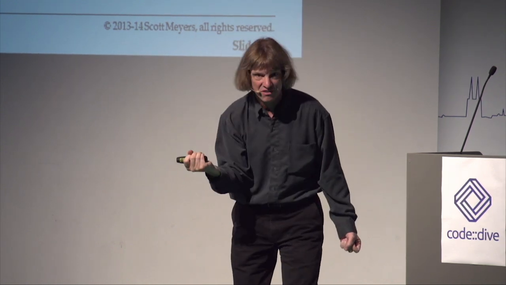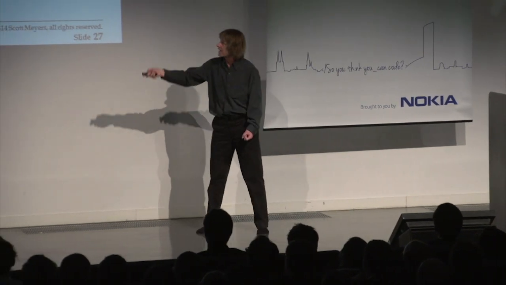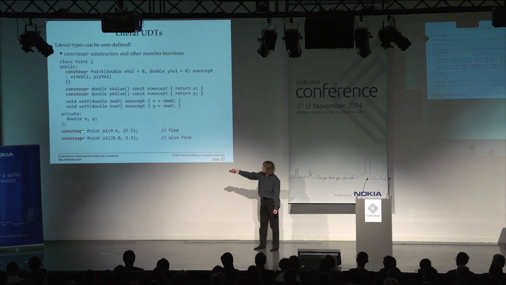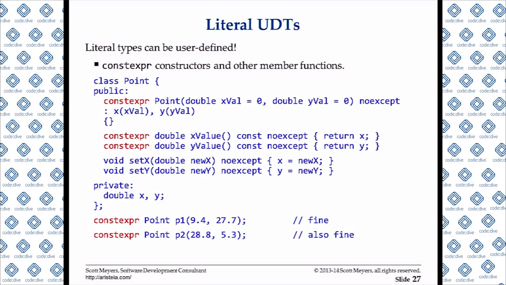because if I have a constexpr Point, its point values are known during compilation. If its point values are known during compilation, I can get those point values during compilation, which means I can, for example, say, okay, p1 is a constexpr Point with this set of coordinates. p2 is a constexpr Point with these coordinates. Conceptually, this constructor runs during compilation.